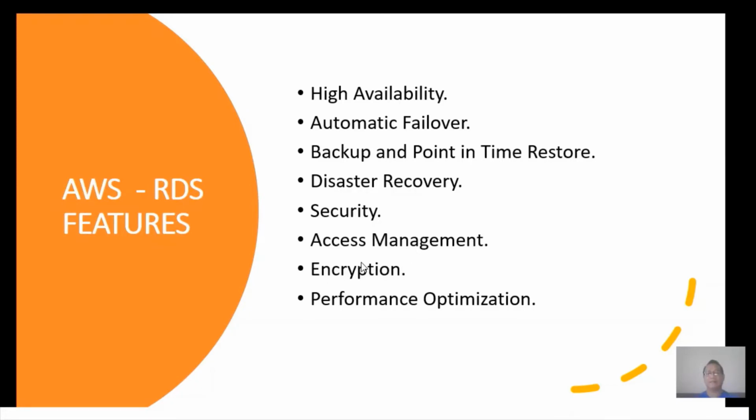You can encrypt your RDS by using your own keys, or you can use AWS encryption keys to encrypt the RDS. Performance optimization. By default, all the RDS databases available in AWS which you create are performance optimized. If there is any requirement for performance, that is automatically done internally by RDS.